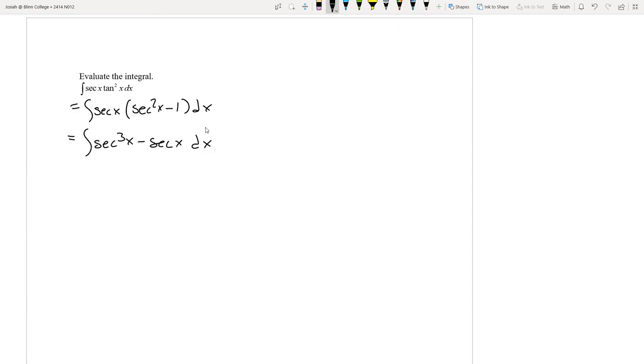And so what do we have here? Well, we have definitely seen secant cubed of x, right? We were able to deal with that using integration by parts. We did that problem already.